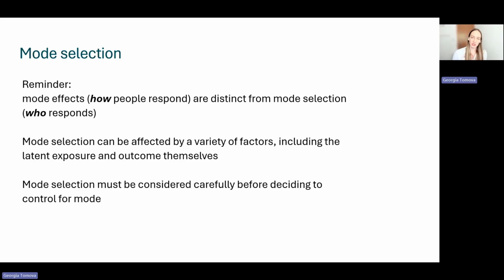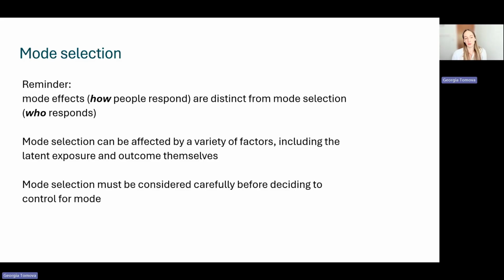Liam already mentioned that there are various different causes of mode selection. In general, we understand mode selection as potentially being affected by a variety of different variables that might be relevant in our analysis, which might include the latent exposure and outcome themselves.